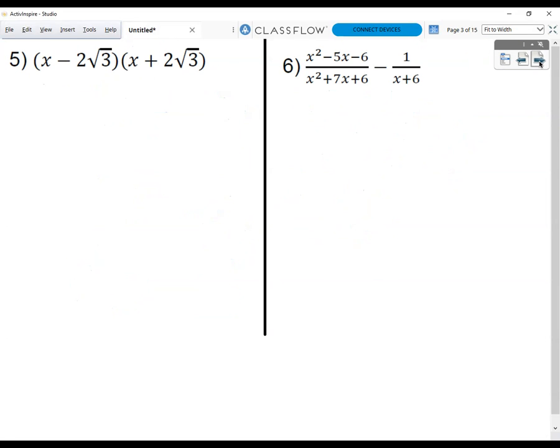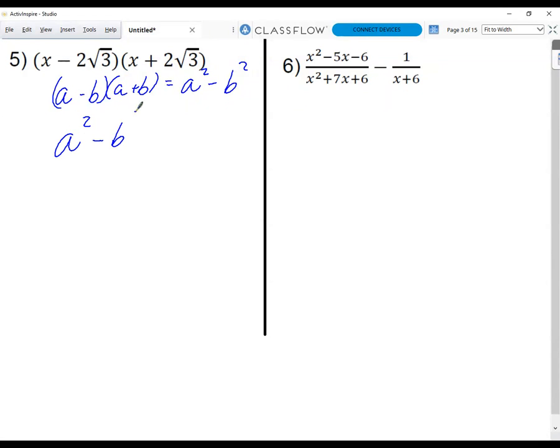Number 5, x minus 2 root 3 times x plus 2 root 3. This is a difference of squares. So we have a minus b times a plus b equals a squared minus b squared. If we apply that here, it's going to equal a squared minus b squared again.